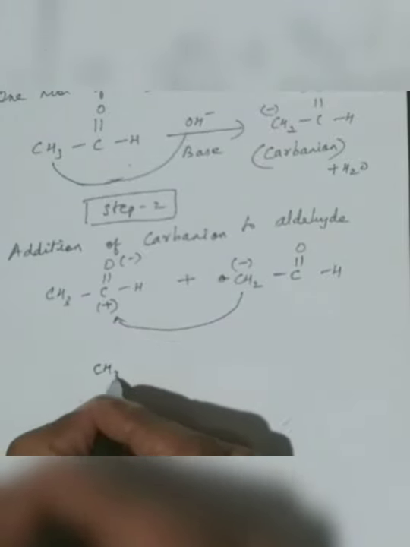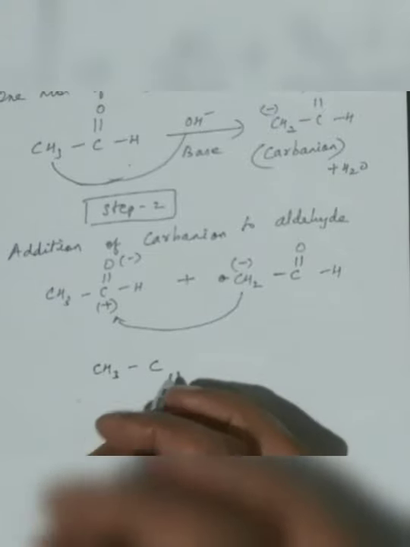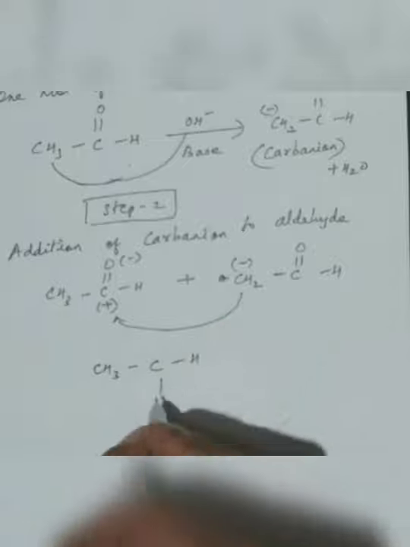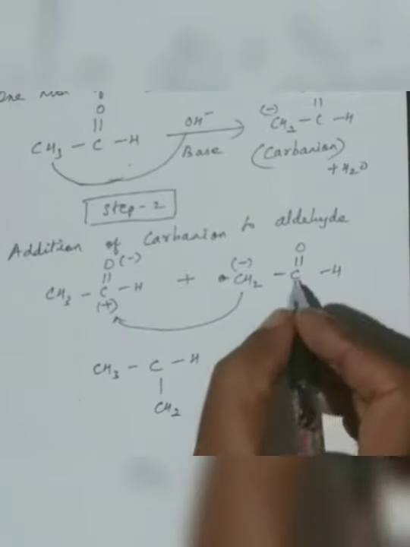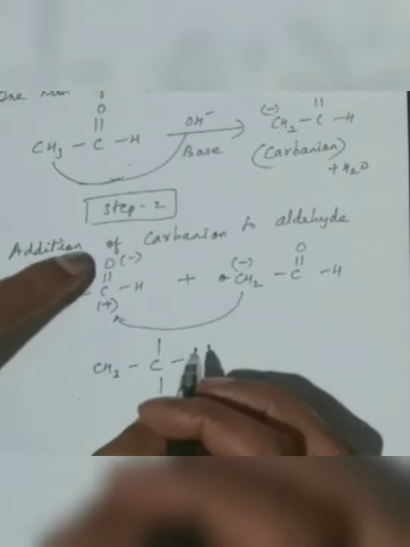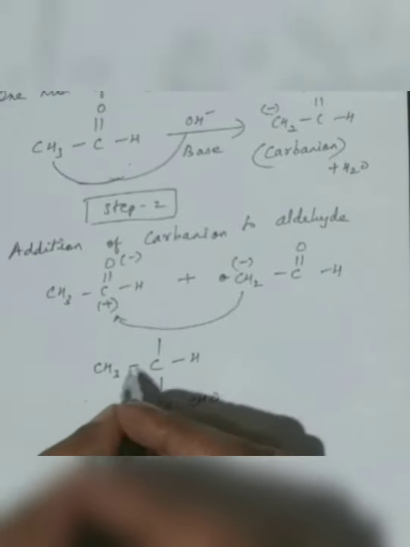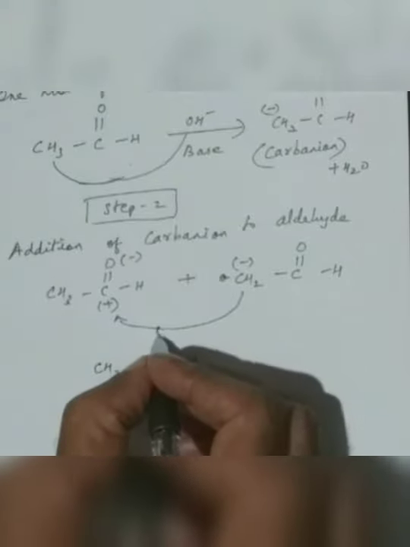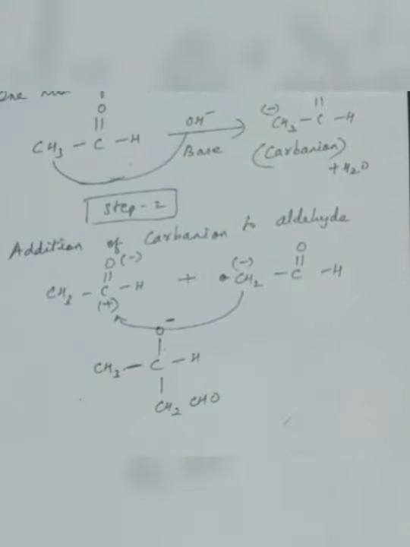The product will be CH3, C, and write the H here, and this CH2CHO. Now the double bond on the oxygen will not be there, because then the valency of carbon becomes 5. Already it is 1, 2, 3, 4. So you make a single bond to oxygen, with a minus here.